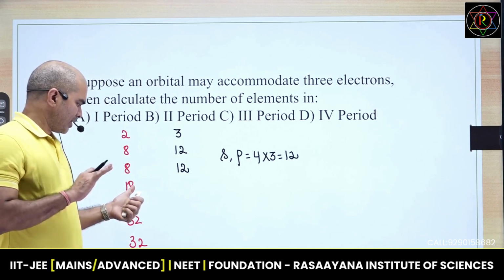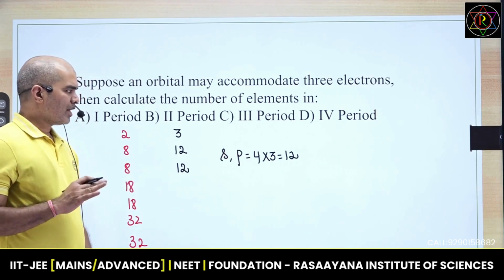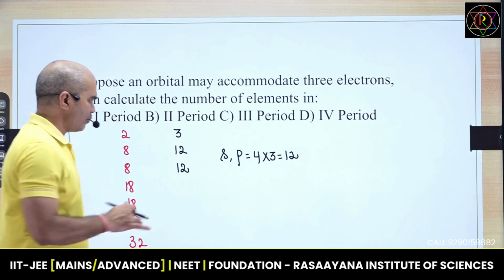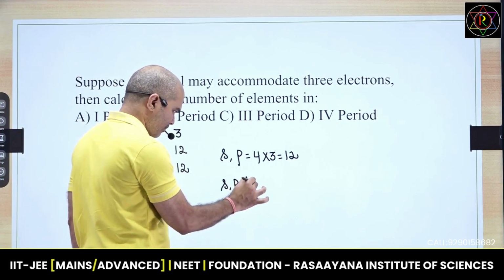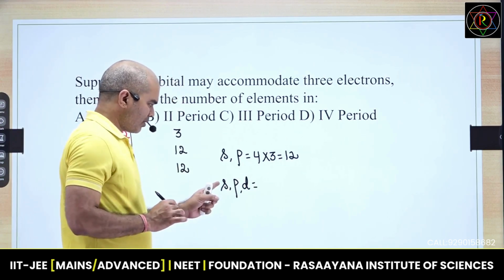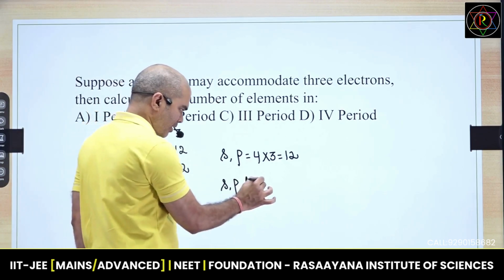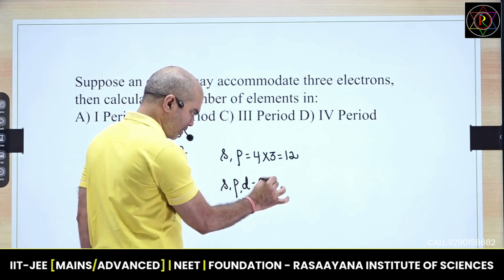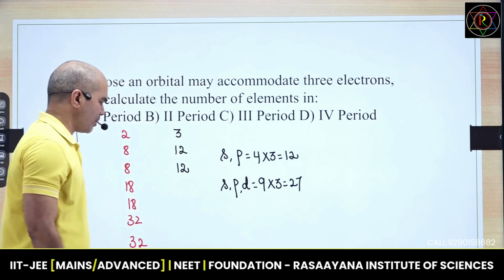Fourth period, generally it will have 18 elements, but supposing that it is occupying 3 electrons per orbital, then in the fourth period we have s, p and d also. 1 s orbital, 3 p orbitals, 5 d orbitals, altogether making it 9. Each orbital is taking up 3 electrons now. Therefore it will be 27 elements in the fourth period.